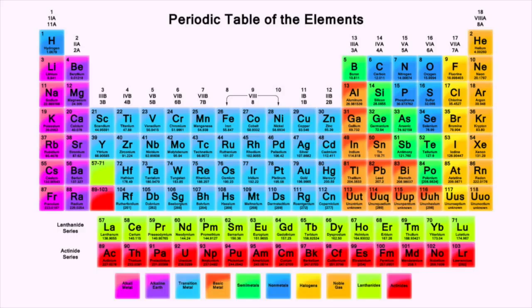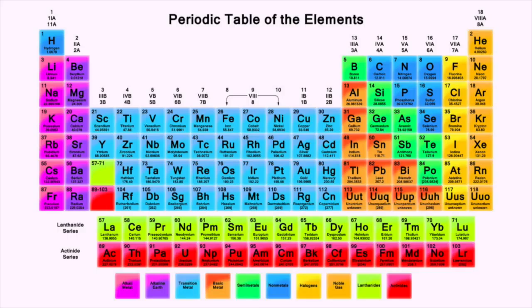There are also patterns as you move down in a group. As you go from top to bottom, the atomic radius, ionic radius, all tend to increase, whereas electronegativity and first ionization energy tend to decrease. Francium is the least electronegative element in the table and has the lowest first ionization energy.